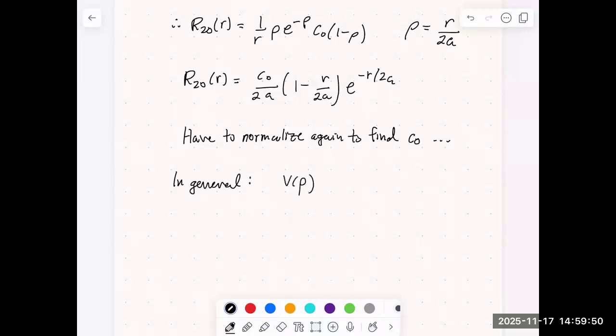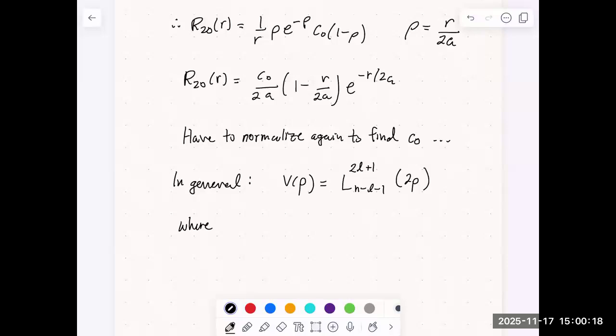In general, this power series, V of rho, is written in terms of a special function. And just like our spherical harmonics involved these associated Legendre functions, our radial function is going to involve some other special functions.